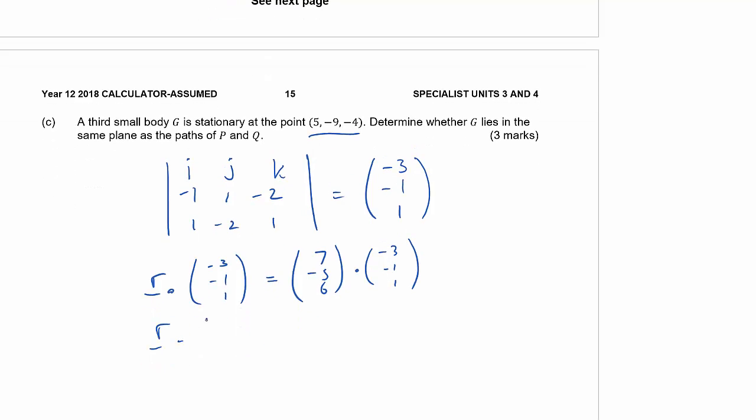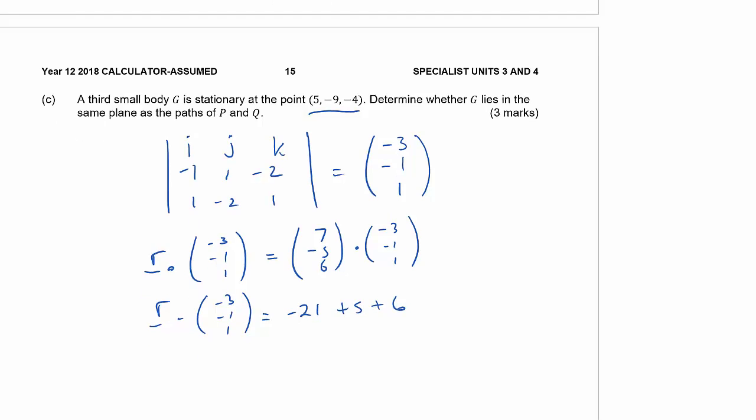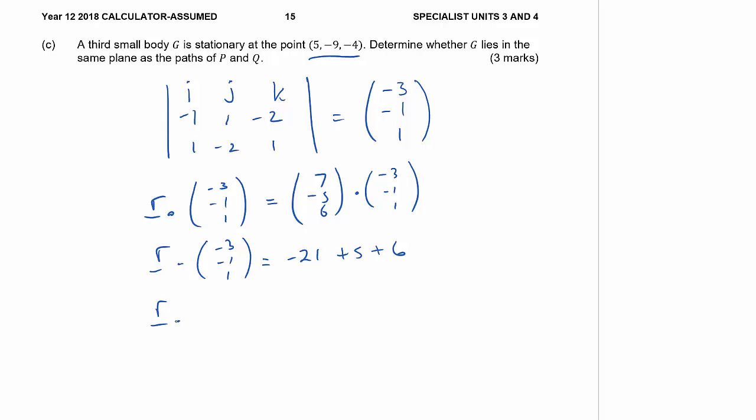So r dot -3, -1, 1 is going to be -21 plus 5 plus 6. So r dot -3, -1, 1 is going to be -10.